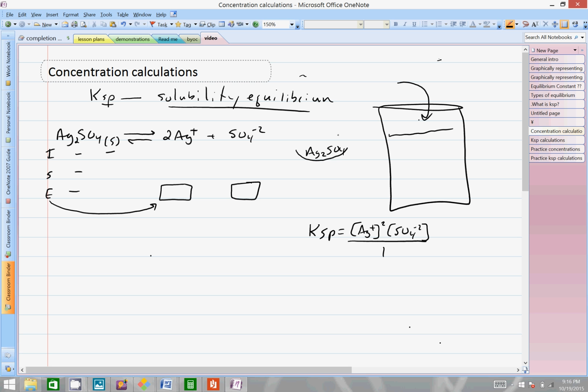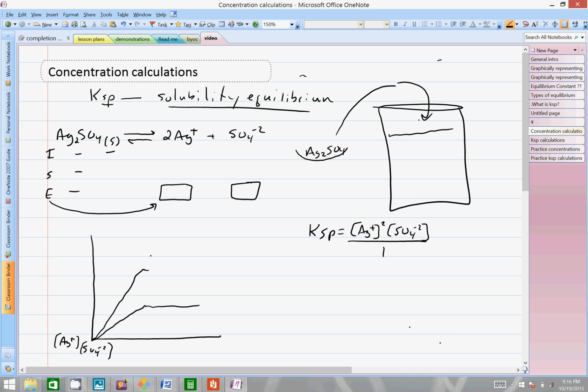As you dump this stuff in here, and if you were to track it graphically, you'd see that the Ag plus concentration and the SO4 minus 2 concentration both start at 0. At some point, the Ag plus ions and the SO4 minus 2 ions would start to increase in concentration, until at one point they just sort of level off.